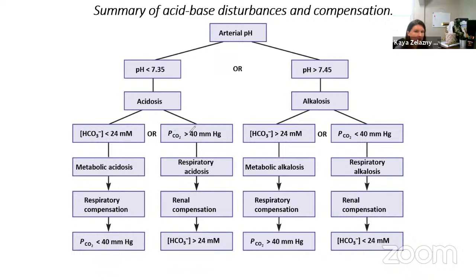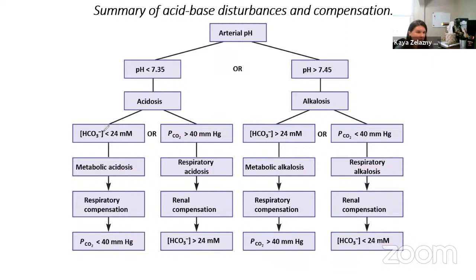So we compare this to our normal expected PCO2 in arterial blood, which is 40. So we expect the pressure of carbon dioxide to be 40 millimeters of mercury in arterial blood. If it's more and we have an acidic pH, if we're in acidosis and our carbon dioxide is above 40, we know that's respiratory acidosis. Okay. So that would diagnose respiratory acidosis.